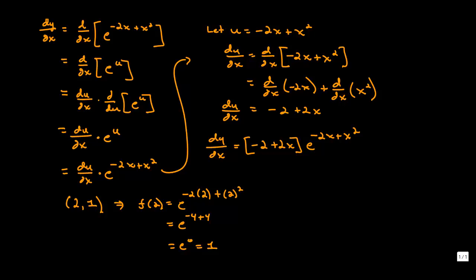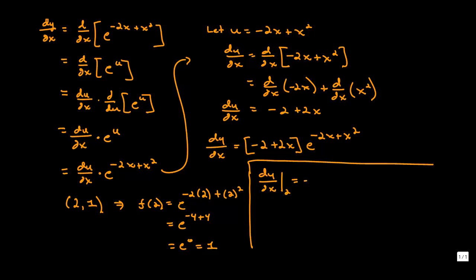So now I've got a point on my graph. If you want to find a tangent line, you have to use the point and the slope. Well, what's the slope? The slope is the derivative evaluated at that x value. So I need to take dy dx and evaluate it at 2.